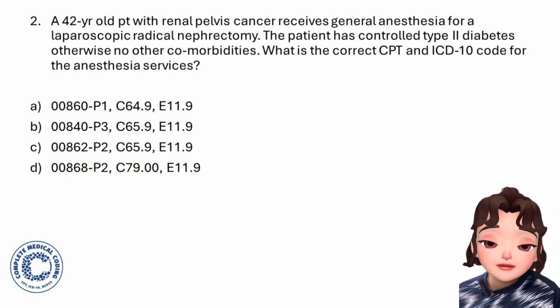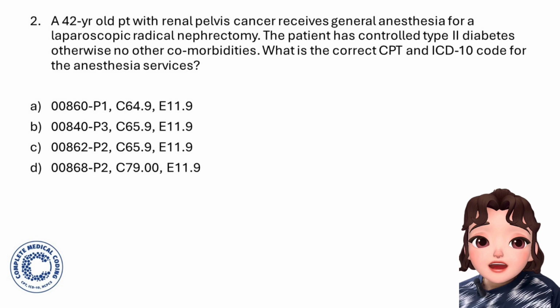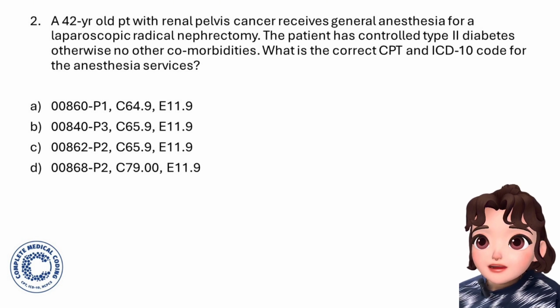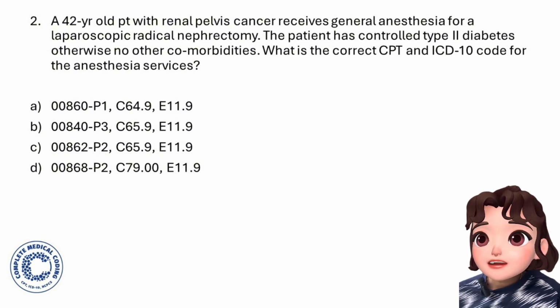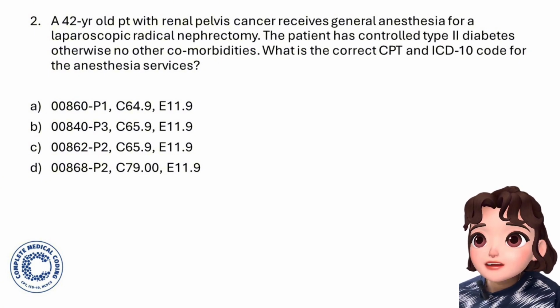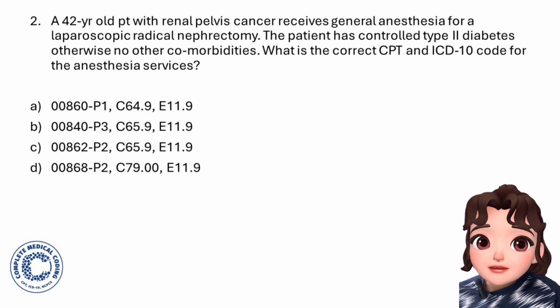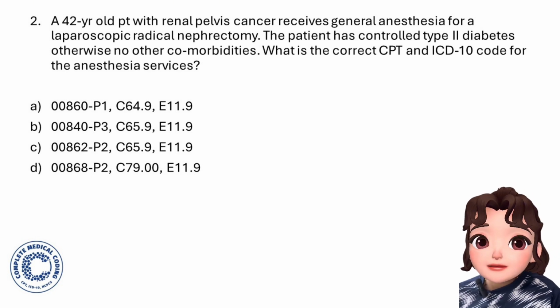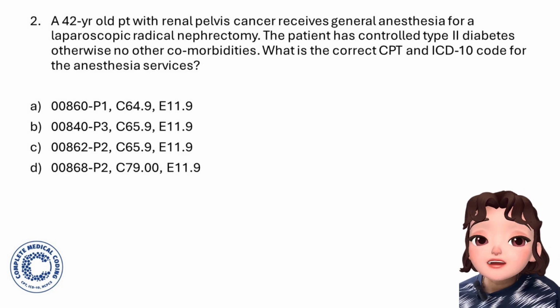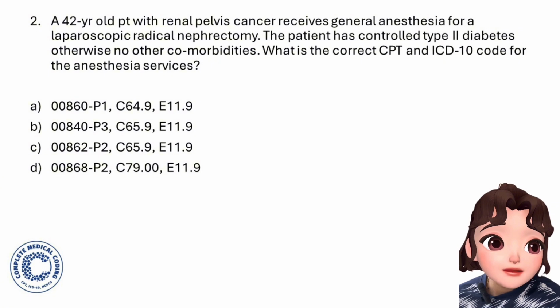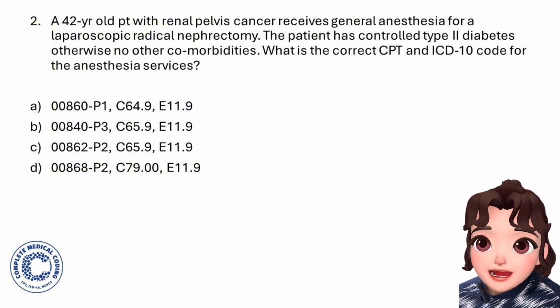Yes, this is unspecified only because they just mentioned it's renal pelvis. The proper site is not mentioned, only renal pelvis is mentioned, right? And this is a malignant. That is why patient came for nephrectomy procedure to receive the anesthesia, but still the procedure is nephrectomy, right? So this will be malignant. So malignant neoplasm of unspecified renal pelvis.